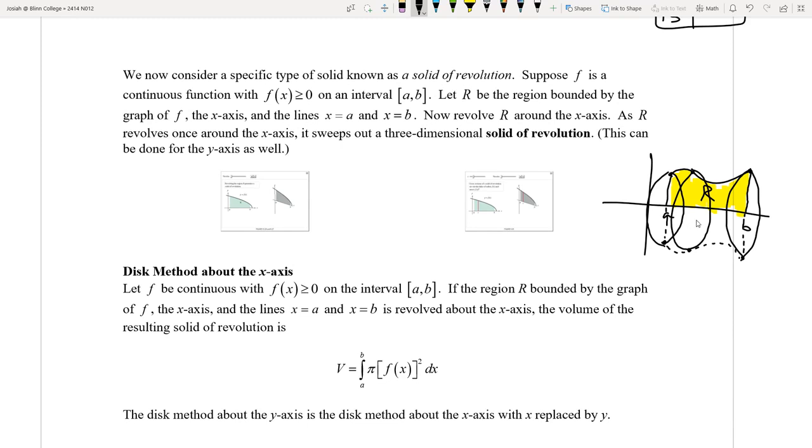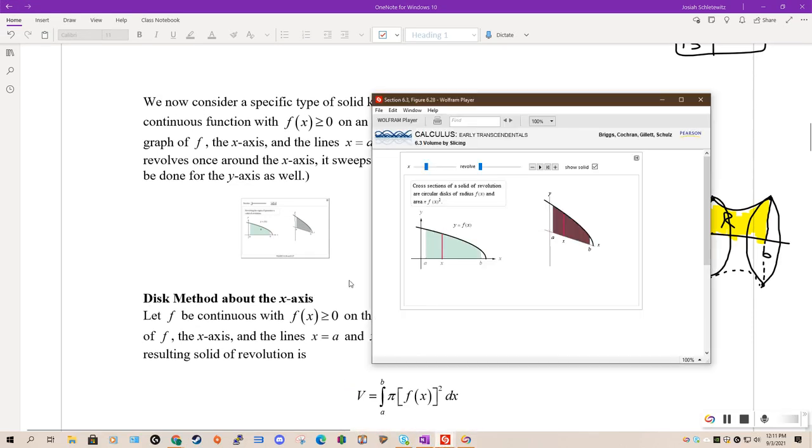So if we notice, and we're thinking about the general slicing method to find these volumes, we can see that all of these guys are circles, right, because every point is moving in a circle. And so if we take a gander at this next image here, as we revolve, I'll take a solid off here. As we revolve, we do get a circle.